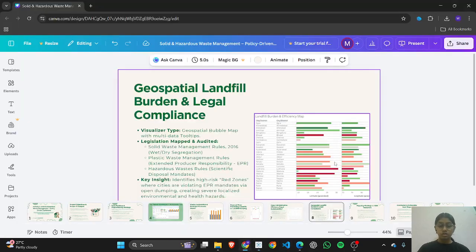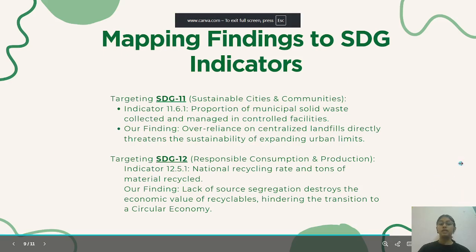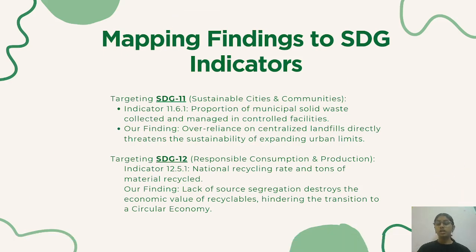Basically, the SDG goals which Activity 2.2 covers are SDG 11 and SDG 12. SDG 11 is sustainable cities and communities, and SDG 12 is responsible consumption and production. SDG 11 is covered as these cities' solid waste dumping is being collected and managed, and over a period of time it will start reducing.